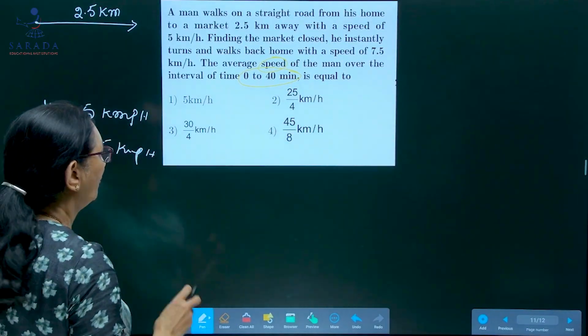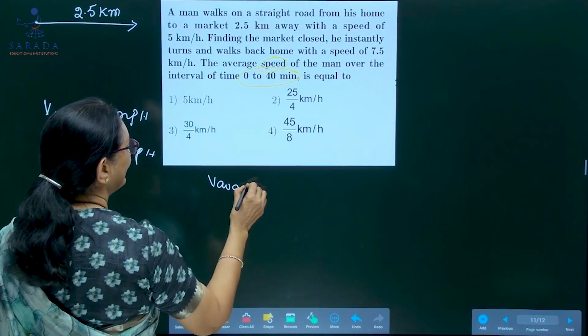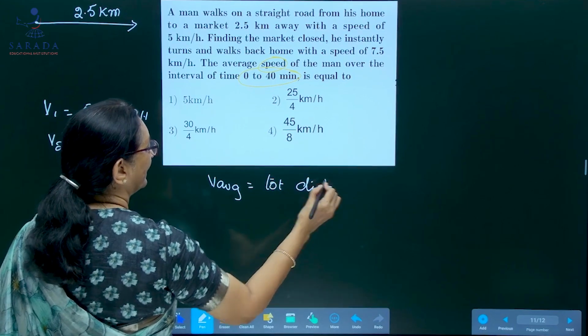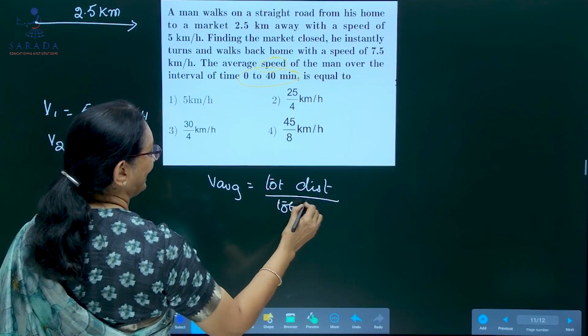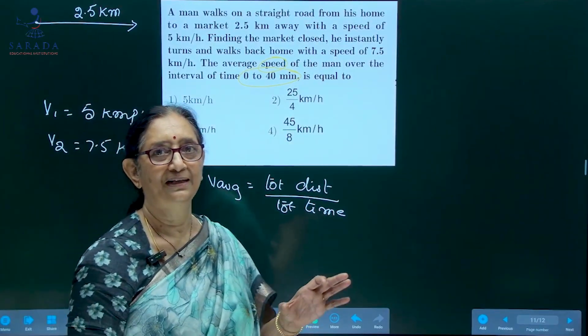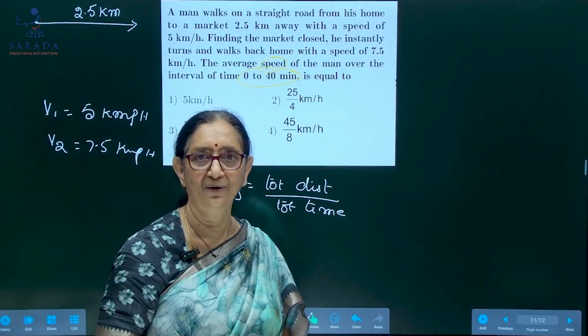Look here, what we know is average speed is equal to total distance by total time. So direction is not of importance here, because speed has no direction, distance has no direction.